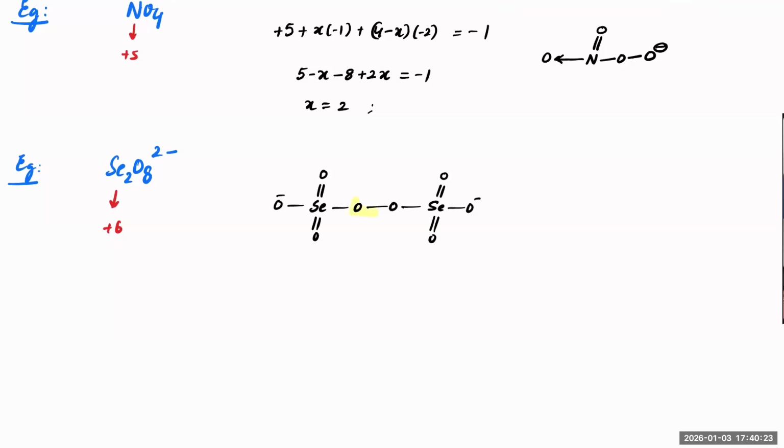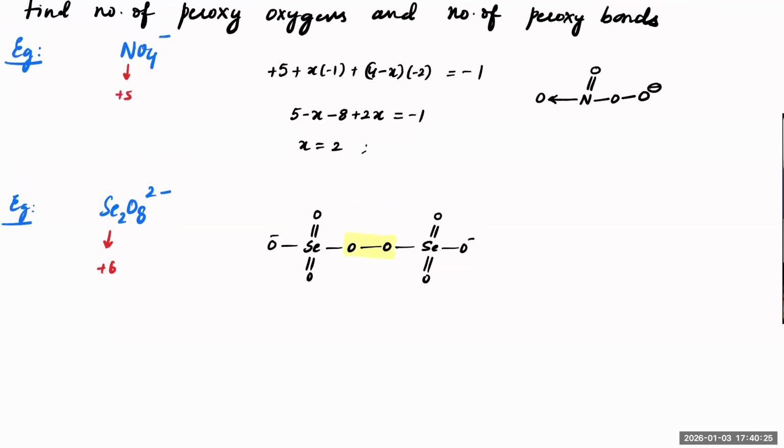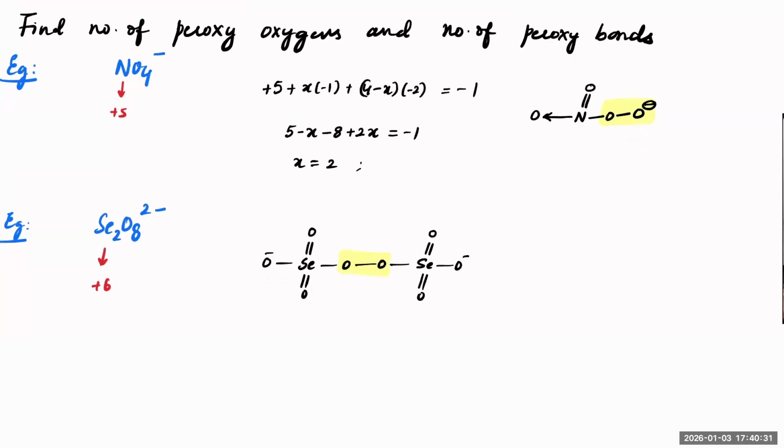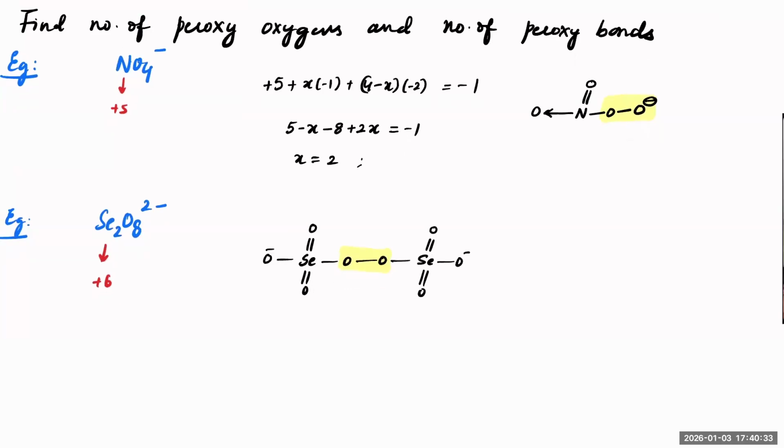So you can see that there is one peroxy linkage here. And here also there is one peroxy linkage.